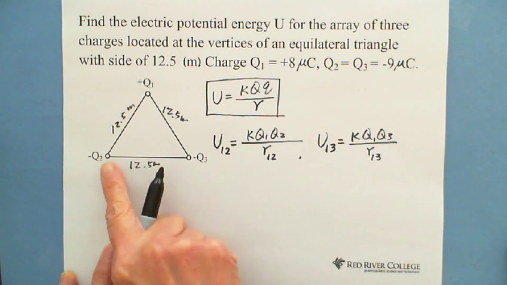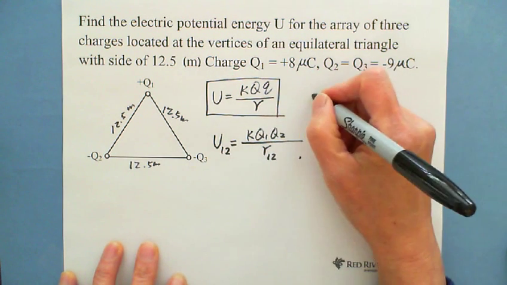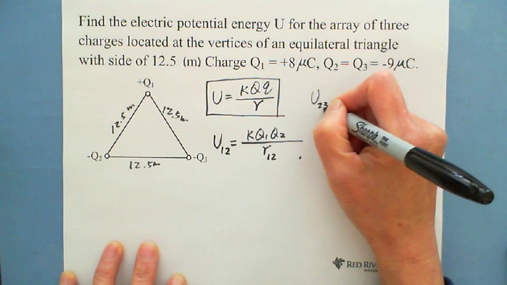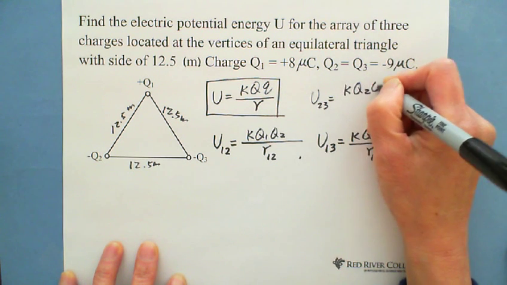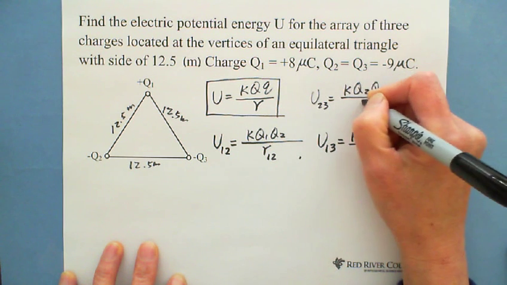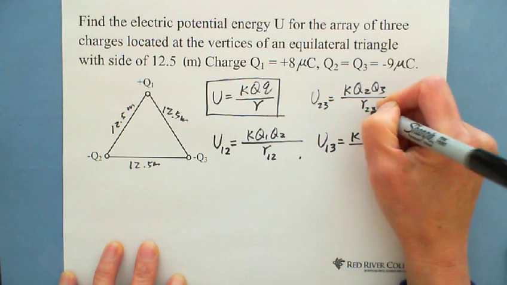The other one is 2 and 3, so U23 equals K Q2 Q3 over R23.